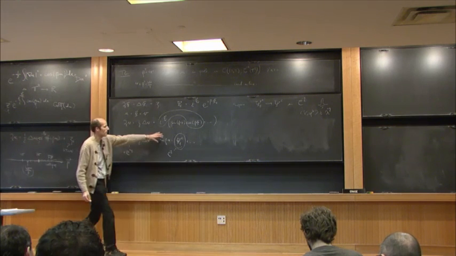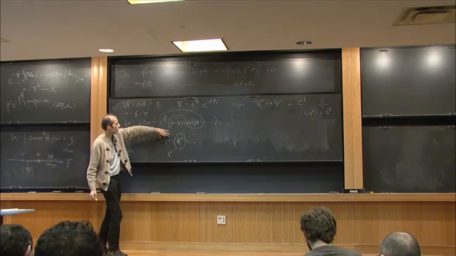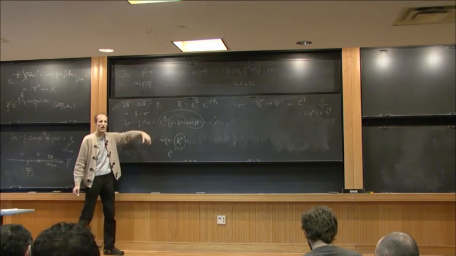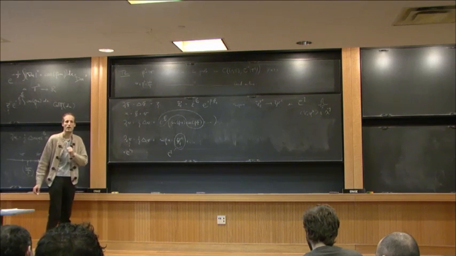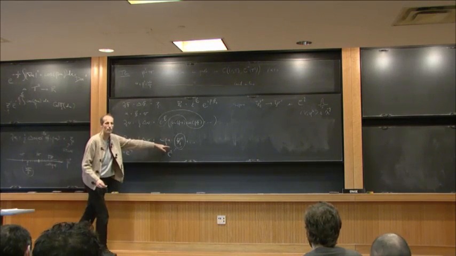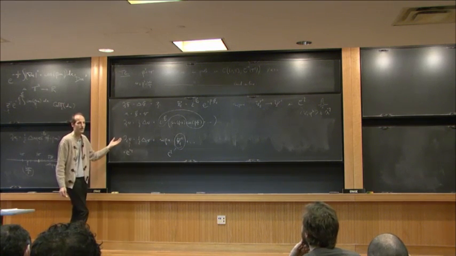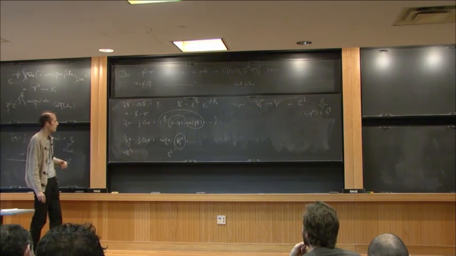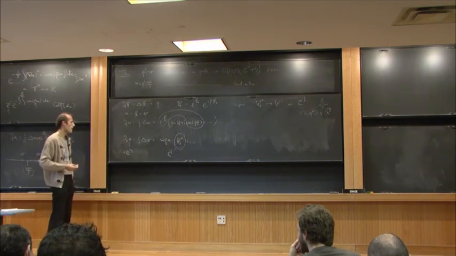So if that guy is in minus eta, that guy should be in 2 minus eta. That means that here you have to multiply a distribution of regularity minus eta with a function of regularity 2 minus eta. So say eta is less than 2. Okay? So if you're below minus 2, then this guy is not even a function. Okay? But if, say, you're above minus 2, then you have a product here between a function and a distribution.